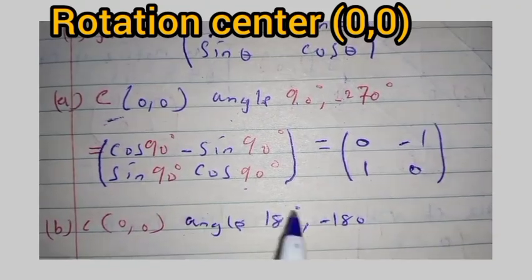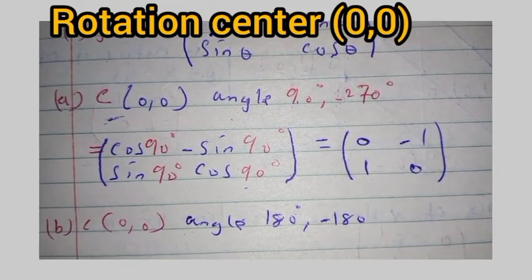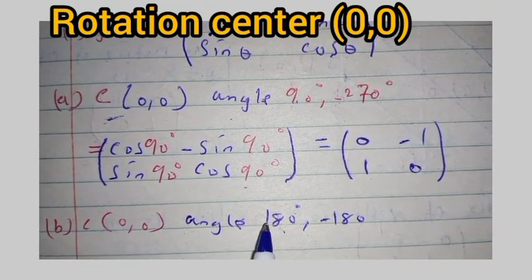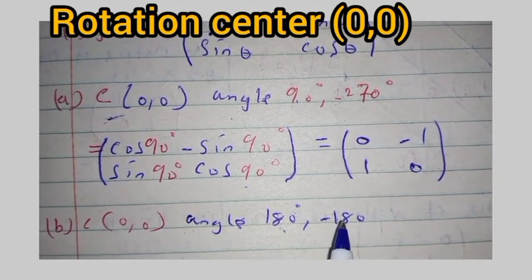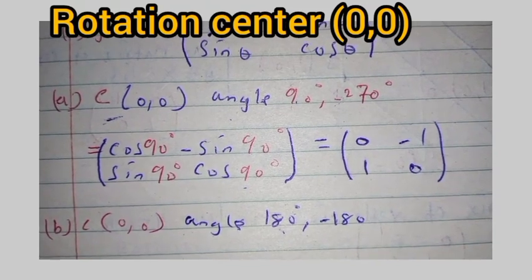Negative 180 means it is the rotation in the opposite direction. 180 degrees is anti-clockwise, negative 180 degrees is clockwise.